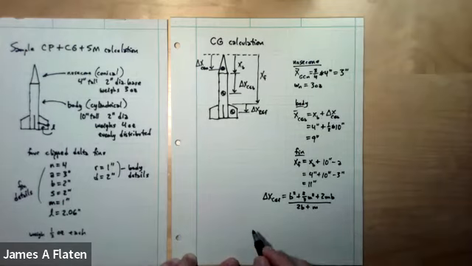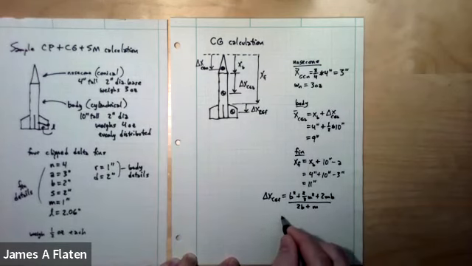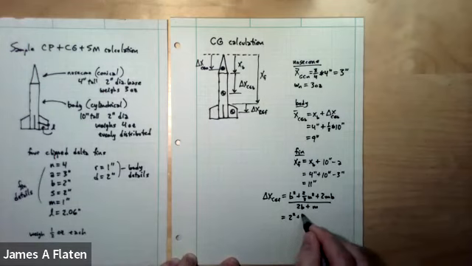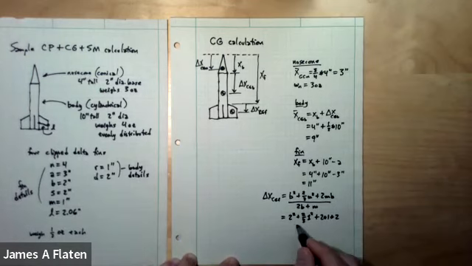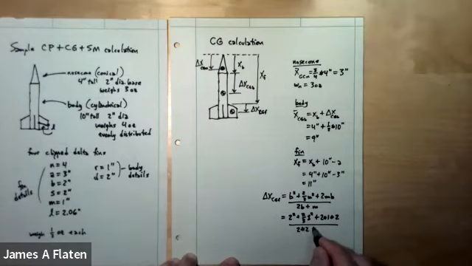So this will be a distance in inches. So I have 2 squared, that's b squared, plus 2/3 times 1 squared, because m is 1, plus 2 times 1 times 2, divided by 2 times b, which is 2, plus m, which is 1. And that entire thing will be in inches. That happens to be 1.73 inches, if you run the numbers.